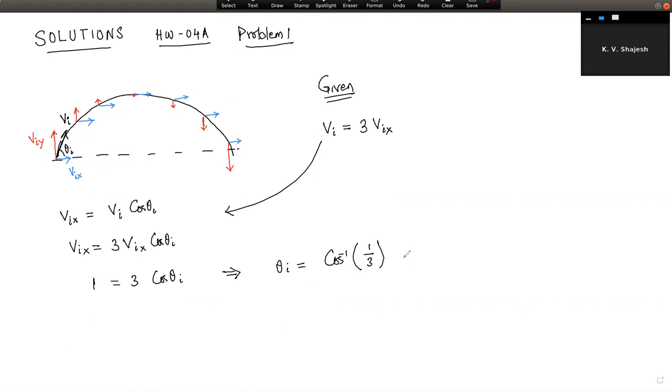calculate the launch angle. That's equal to, calculator. So I get, it's cosine inverse of 1/3. And that's 70.53. So there's, it's not very clear how many sig digits are there, because we are only told that it is 3 times its maximum height.